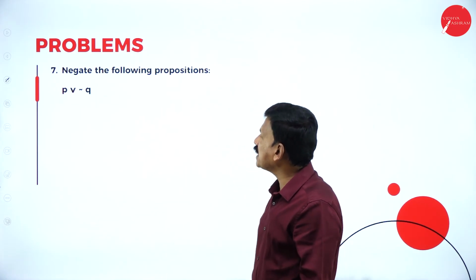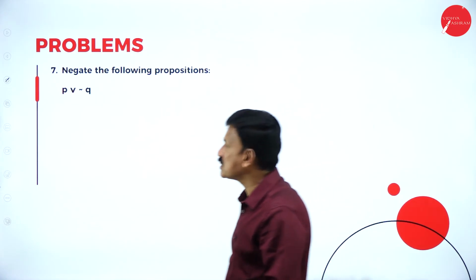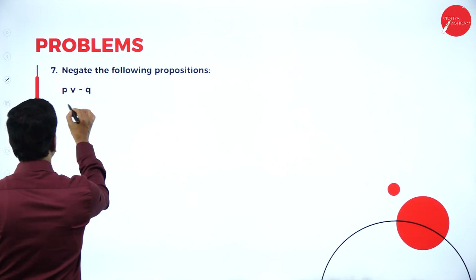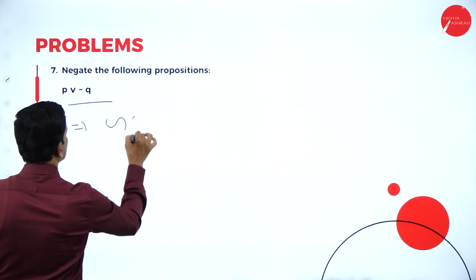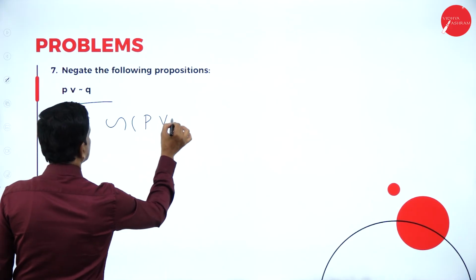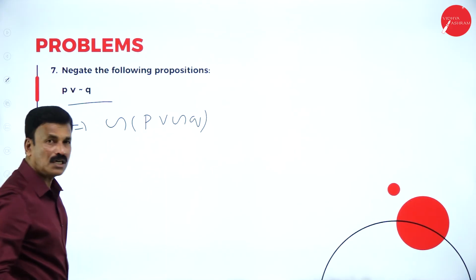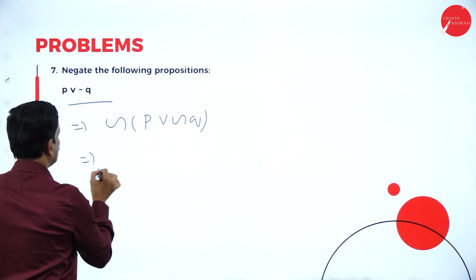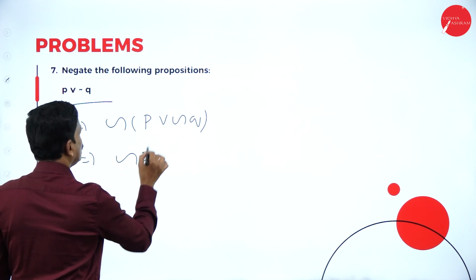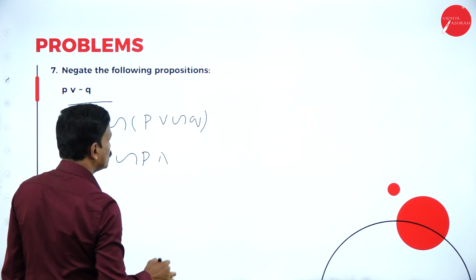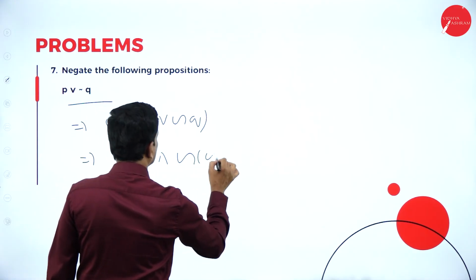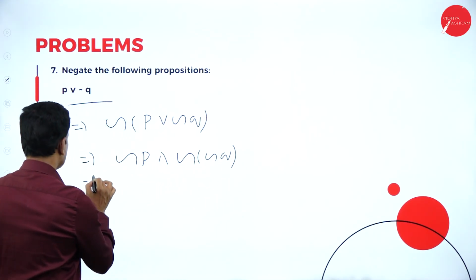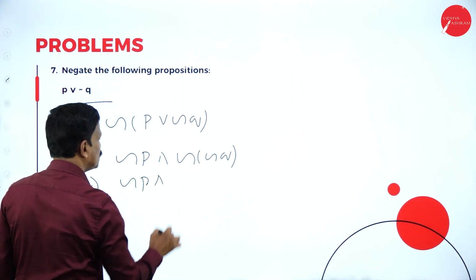We want a similar type of problem. What is the problem given? Negate the following. So we have to negate this. First write down the symbol for this. What is the negation for this? Negation of P disjunction negation Q. Now using De Morgan's law, this can be written as negation of P, disjunction will convert into conjunction, negation of negation Q, right? So this is equal to negation P as it is, conjunction.